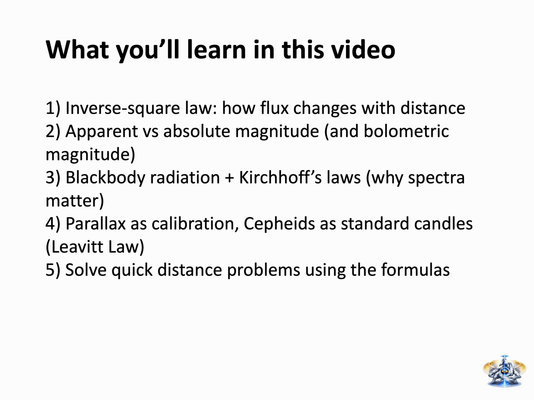Before we dive in, let me give you the map, because the distance ladder is basically a story, and the story has chapters. Chapter 1. Light spreads out. That gives us the inverse square law, the rule that tells you why things get dimmed fast enough in space. Chapter 2. Astronomers don't talk about brightness in the way normal people do.